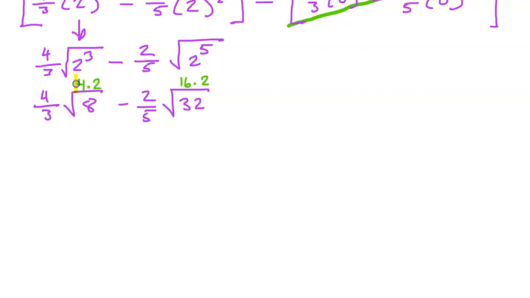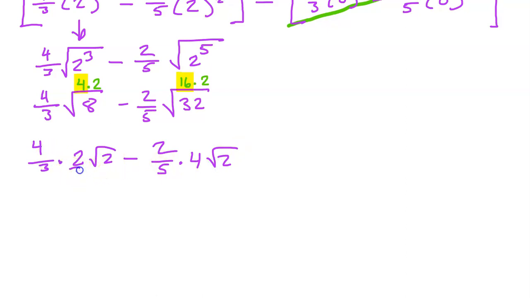So we will end up taking the square root of 4 and the square root of 16 and sort of bringing that outside the radical. So we will have 4 over 3 times 2 radical 2 minus 2/5 times 4 radical 2.